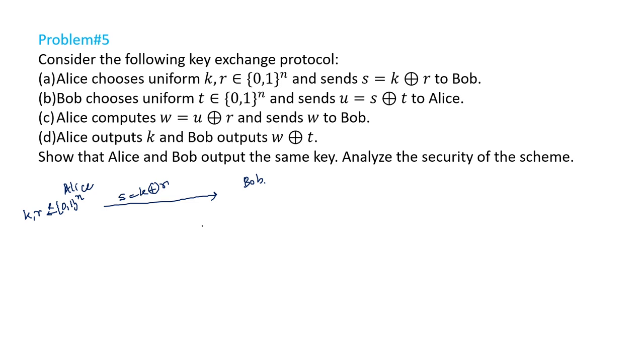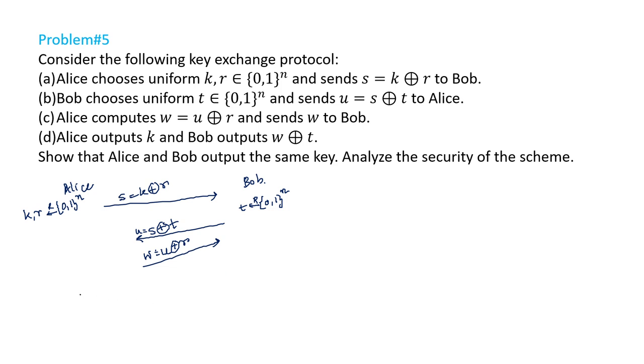Bob chooses a uniform n-bit binary string T, and communicates U equal to S XOR T. Alice sends W equal to U XOR R to Bob.